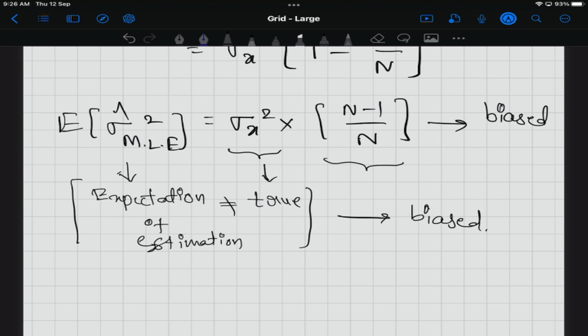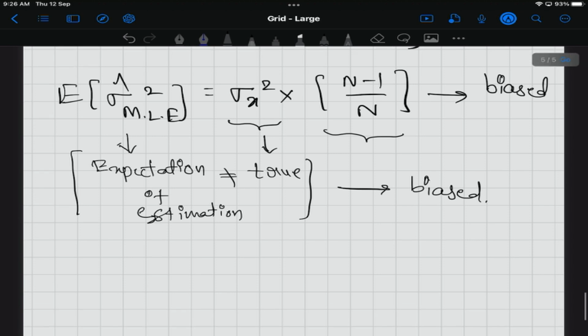Just remove that factor, right? You have a constant term which depends on your n value, and that is getting multiplied with your true value to give your expectation. Because of this, your estimate is becoming biased. So now you have to do bias correction.